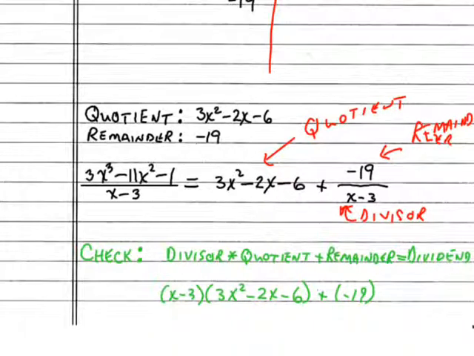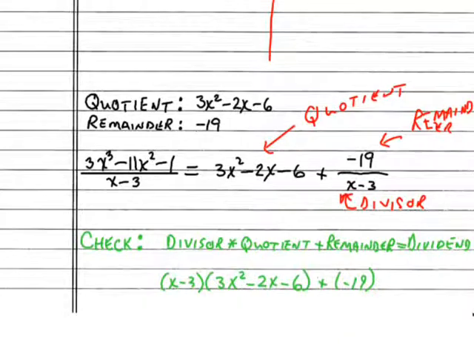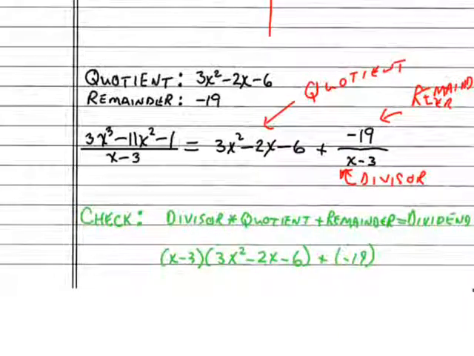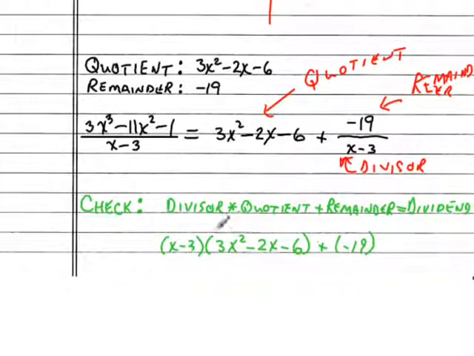So we would take our divisor, in this case x minus 3, and multiply it with our quotient, 3x squared minus 2x minus 6, and then we would add our remainder, negative 19. We would do these operations and ensure that we get the dividend.